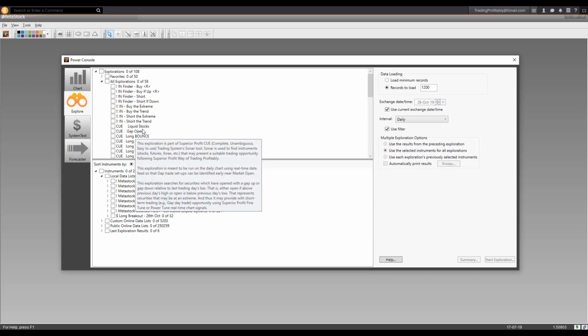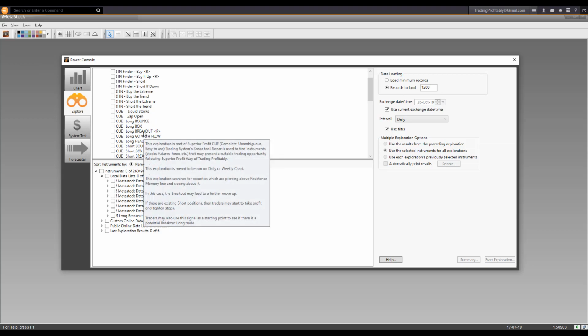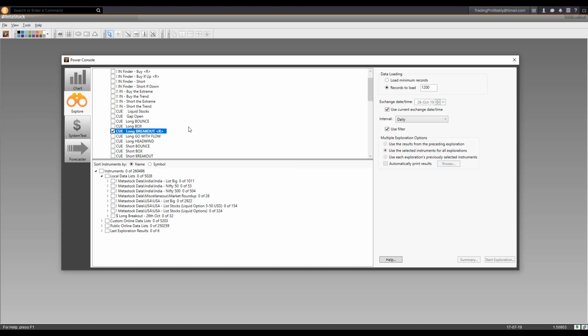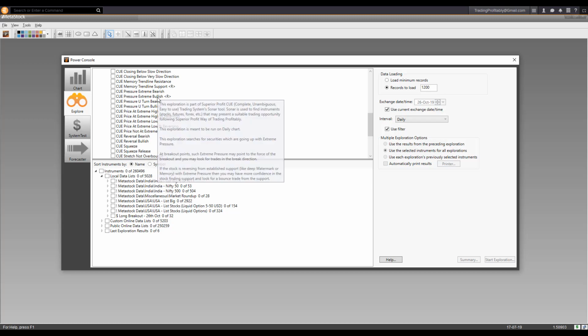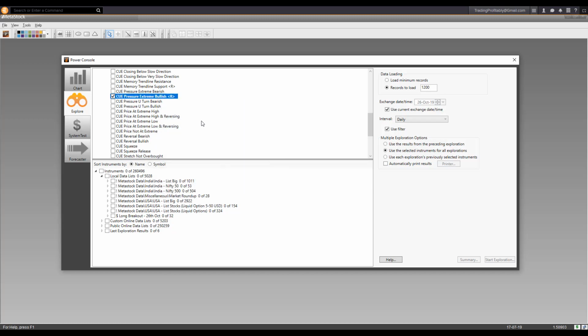You can run a scan for long breakouts, stocks that are breaking out in the long direction, and to add further strength to the breakouts, you may look for stocks that are going up with extreme bullish Q pressure. You may run these two scans on any list of stocks of your choice.